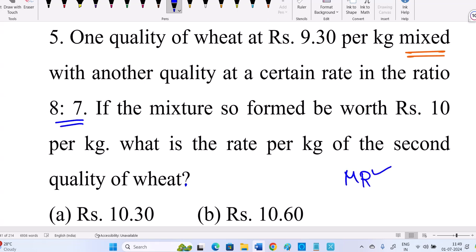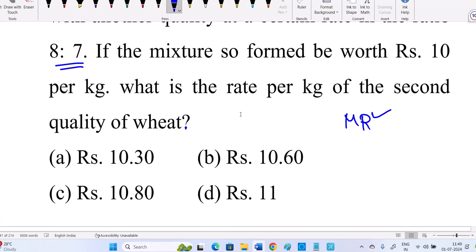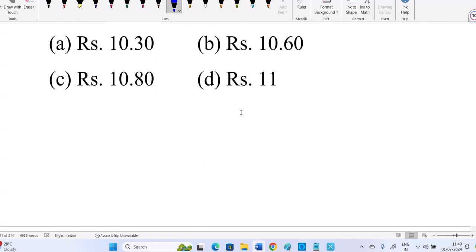One quality of wheat price is given, the second one is not given, but the overall value is given. Fine, that's what I am telling you. Among the 4 parameters, any parameter may be unknown. If the mixed ratio is given, whatever other parameter is not given, go with the (ax plus by)/(x plus y) model.